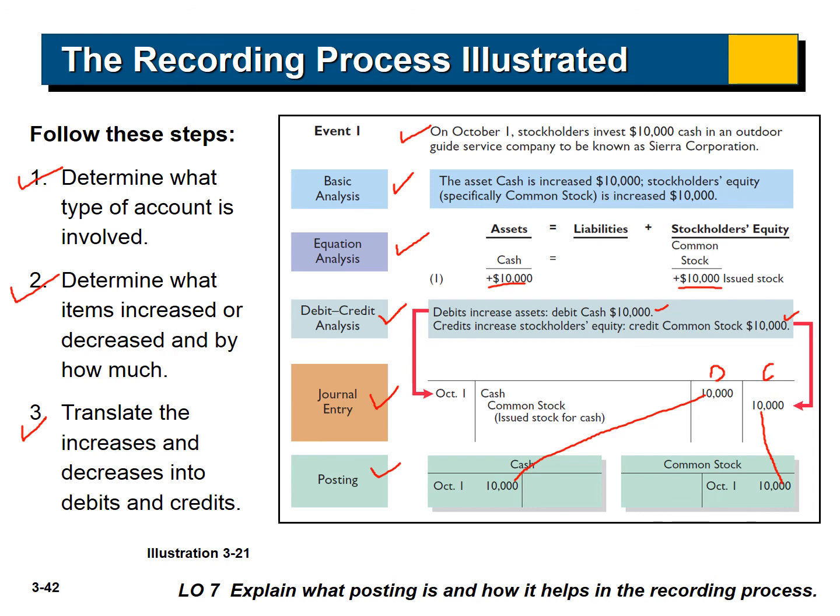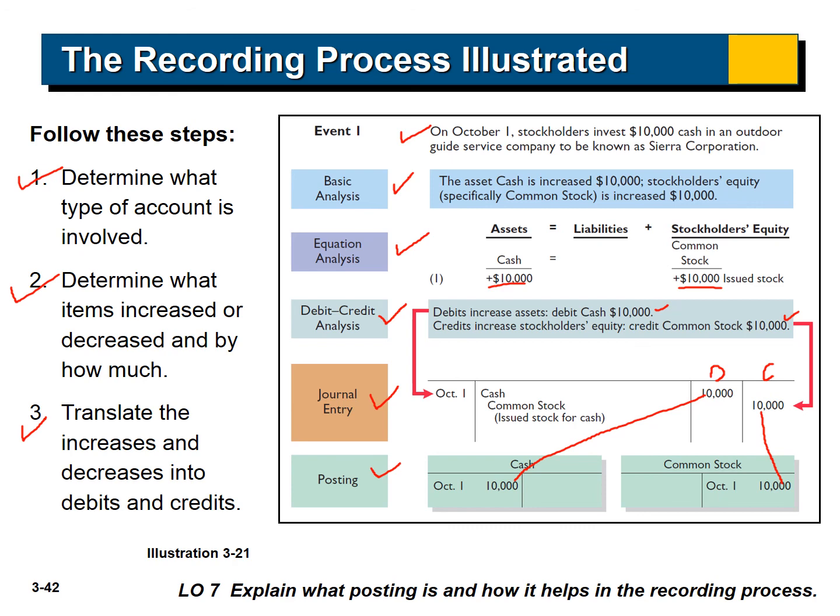And now let's translate that into debits and credits. Debits increase assets, so we debit cash. Credits increase stockholders equity, so we know we credit common stock. And then take that and put it into journal entry format. Debits, remember, go on the left.